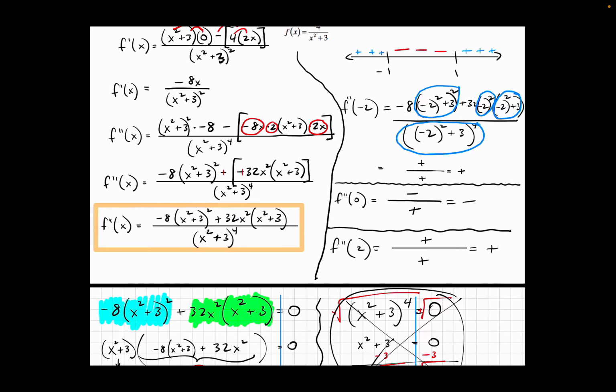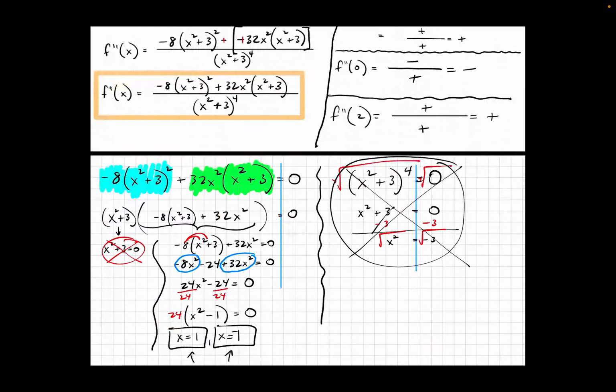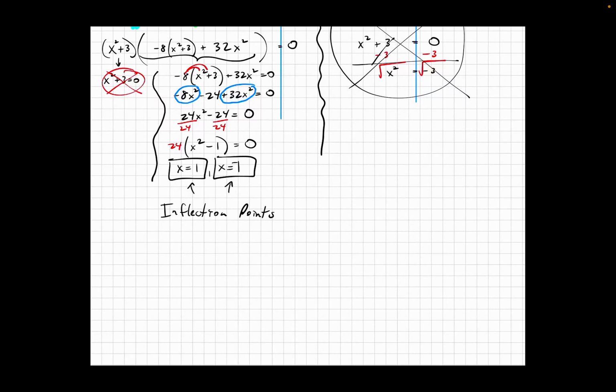Positives mean concave up, negatives mean concave down. Okay, so we got inflection points. Now let's do where concave up and concave down are.